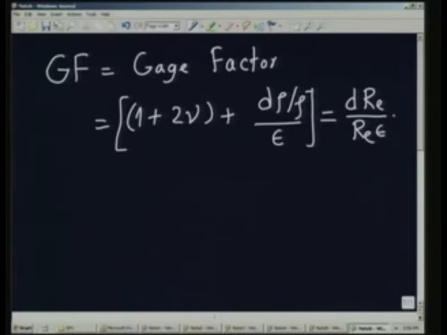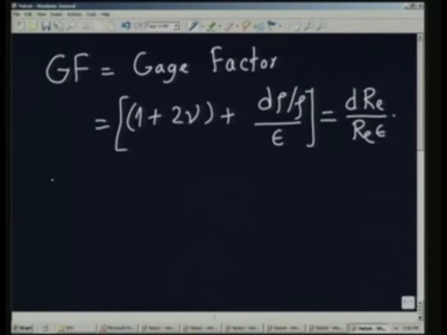This is the ratio we call the gauge factor, and for materials which have a Poisson ratio nu equal to 0.5, this will become 2 plus this small quantity, which we normally would be ignoring, so it will become equal to 2.